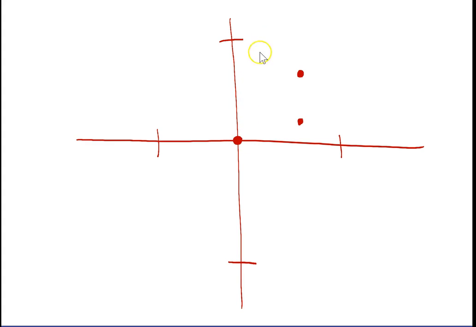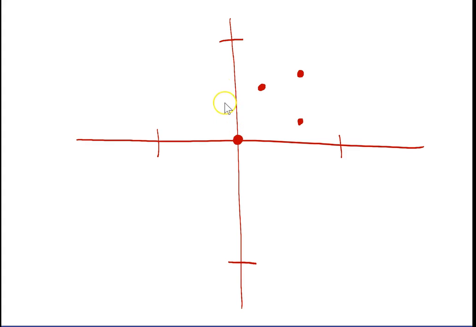All right, at pi over 3, it's going to be root 3 over 2 again, which is about right there. At pi over 2, which is this way right here, we get a 0. So we're back at the origin again.